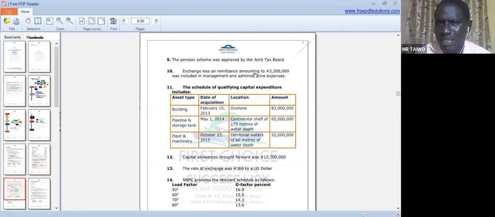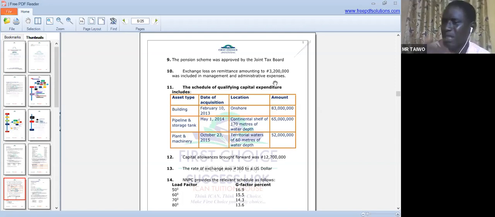Exchange loss on remittance amounting to 3.2 million was included in management and admin expenses. Because they are into the business of exchange, it's neither here nor there. I told you the last time, but most importantly, we allow it. Allowability or non-allowability of this kind of exchange loss will be permitted by the tax authority.